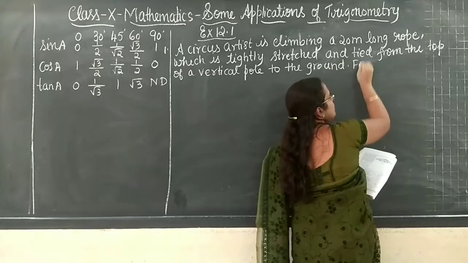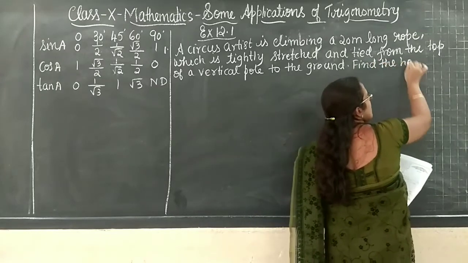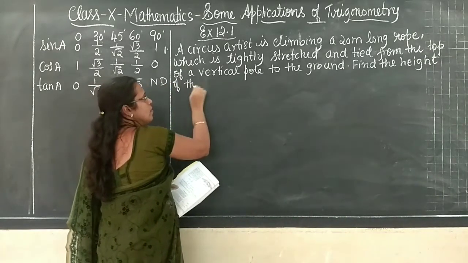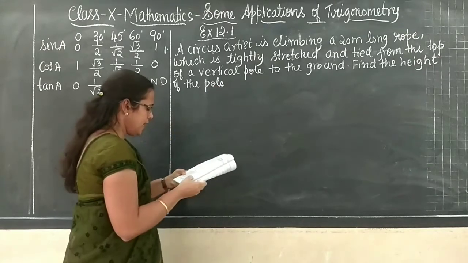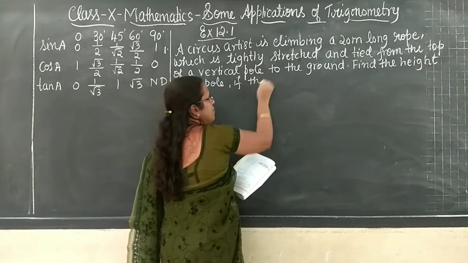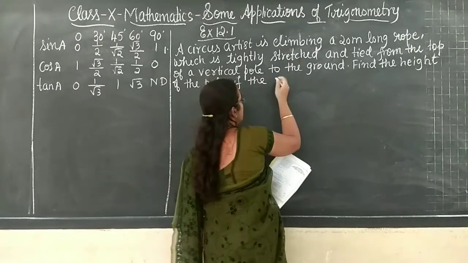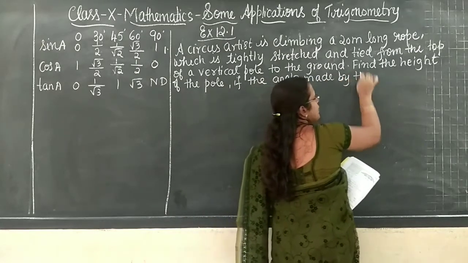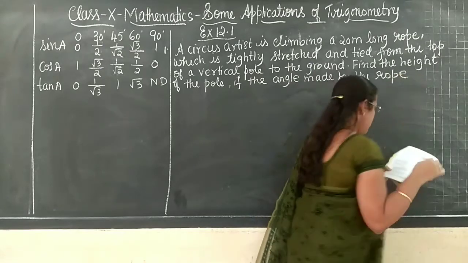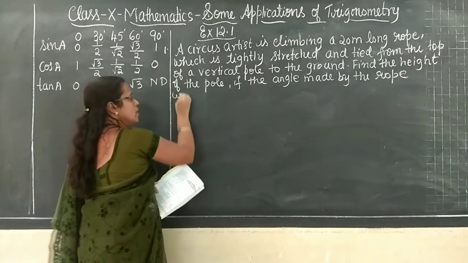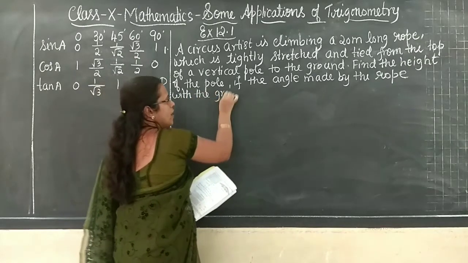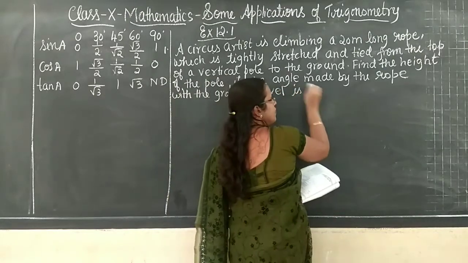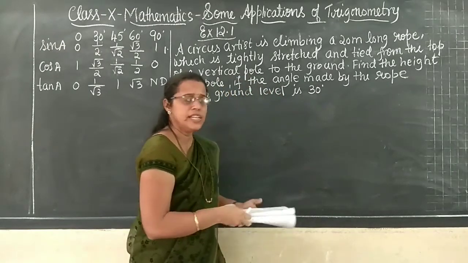Find the height of the pole if the angle made by the rope with the ground level is 30 degree. The figure is given, children.